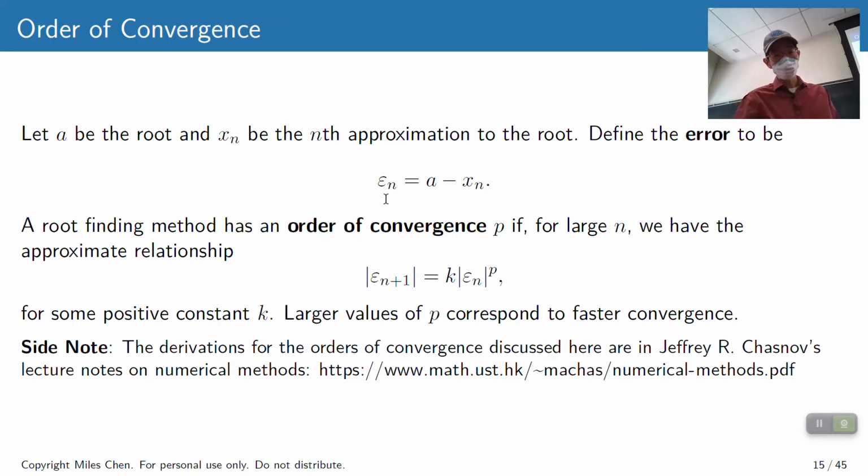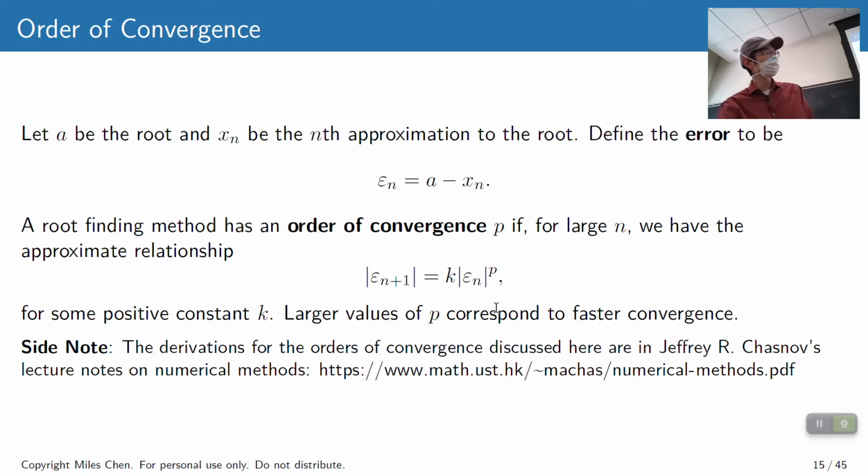We're going to say, okay, the value of the error at the next iteration, e sub n plus 1, can we express it in terms of the error at the previous iteration, e sub n? If you have some value of p, you take this and raise it to the power p.